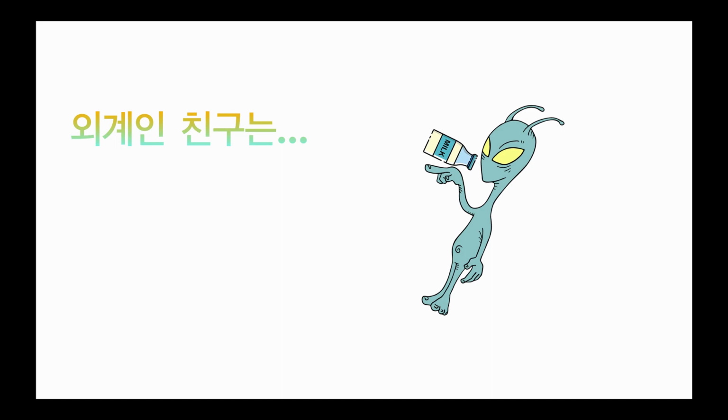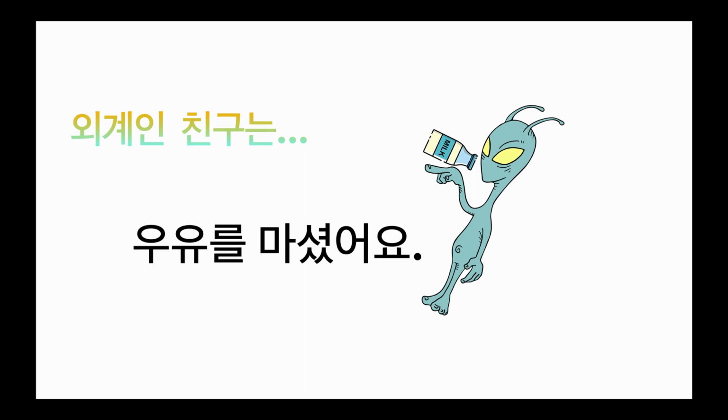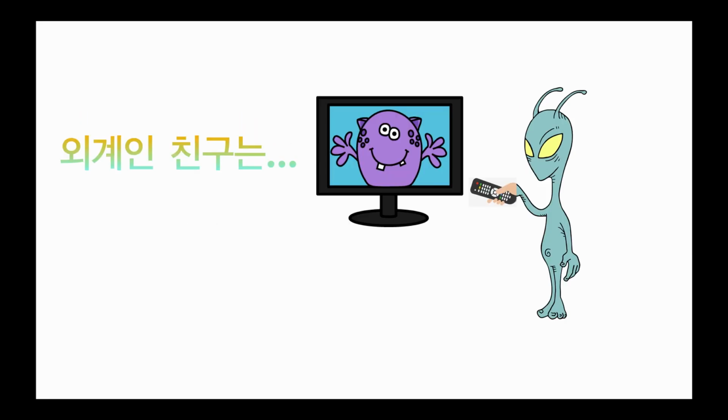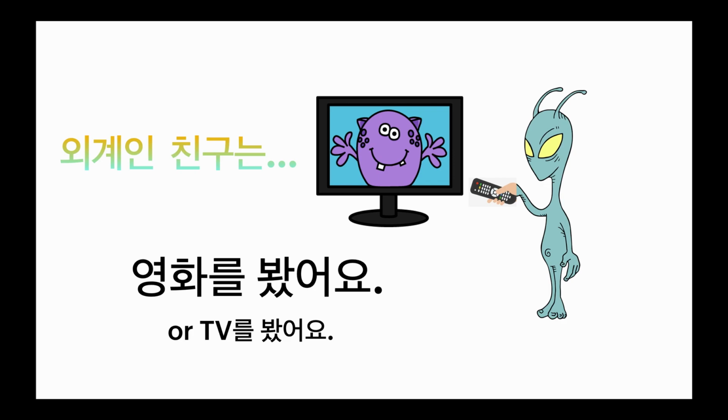Based on this picture, 외계인 친구는 오늘 뭐 했어요? 외계인 친구는 우유를 마셨어요. 외계인 친구는 영화를 봤어요. or TV를 봤어요.